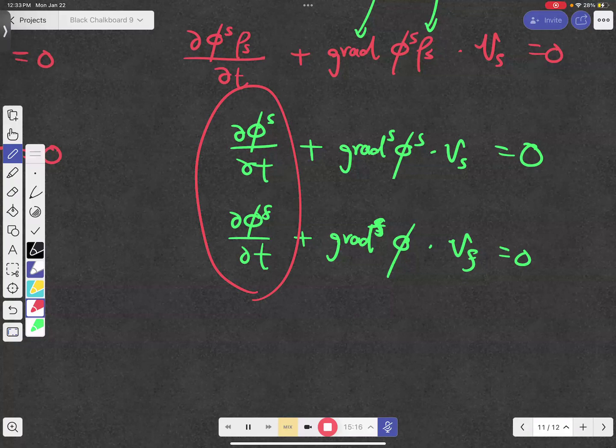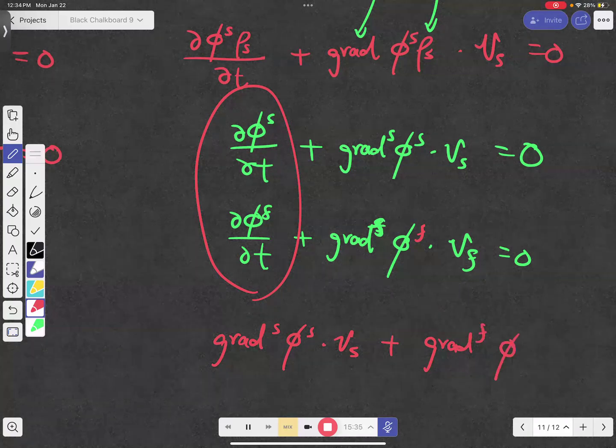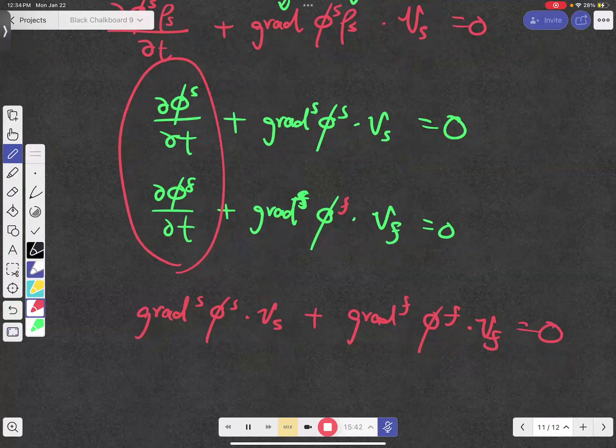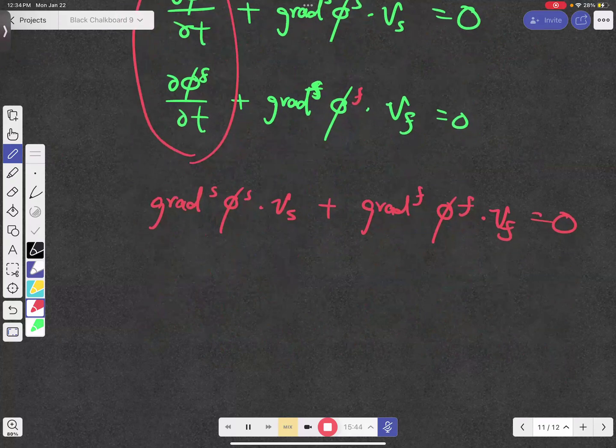Yes, the volume fractions. If you consider the summation of them, they always equal one. The gradient. Okay, that looks better, right?